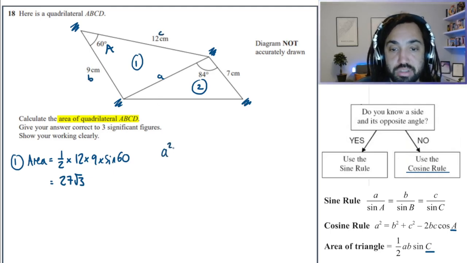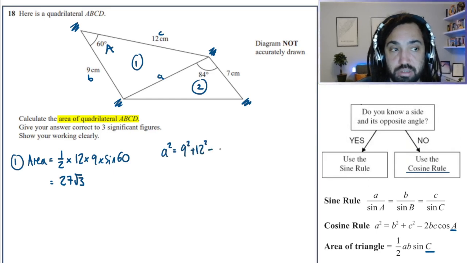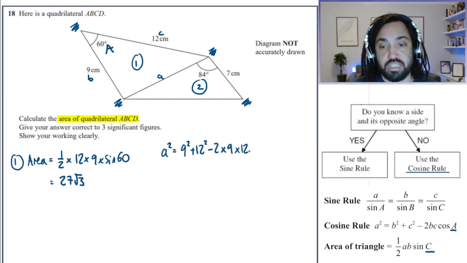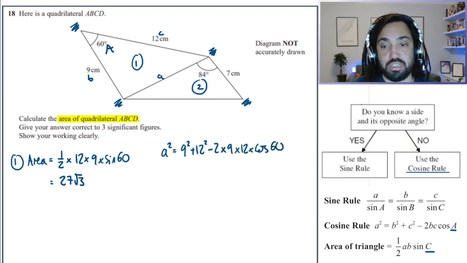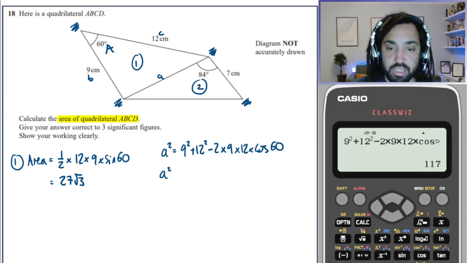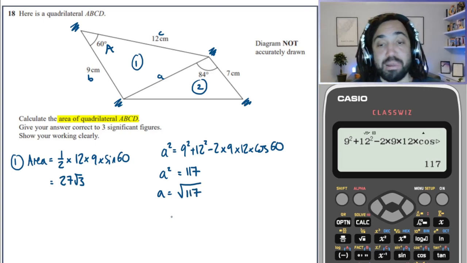So we write a squared is equal to b squared plus c squared minus 2bc times cosine of 60. That goes in our calculator to work out a. Okay, so we get 117, which means that a is equal to the square root of 117.